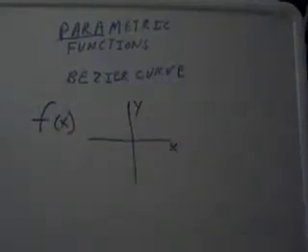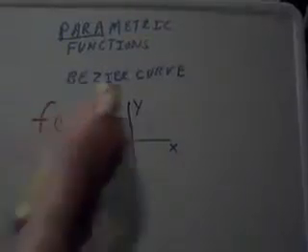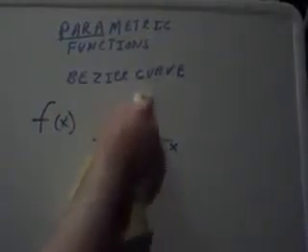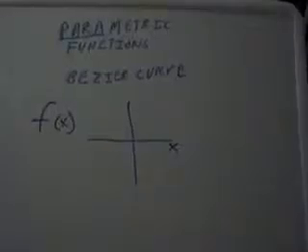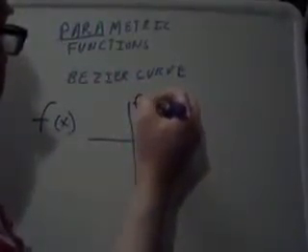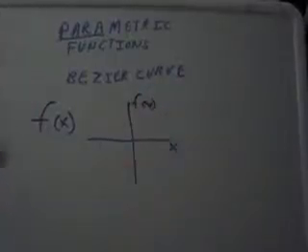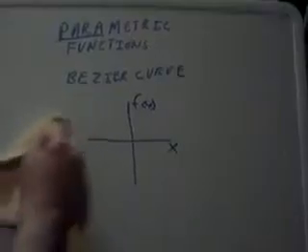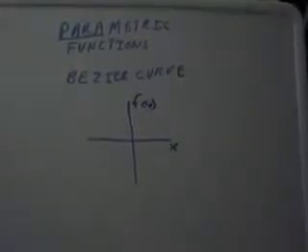Now, we could also change that y, which we do in functions, to the f of x. That means we can come up with an equation like this.